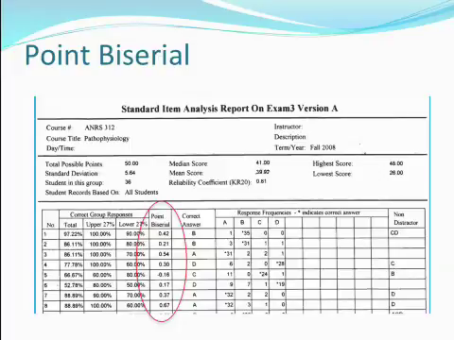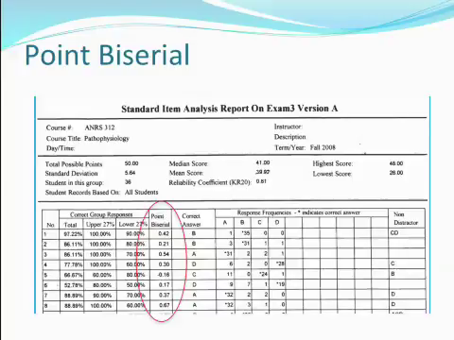So questions that discriminate well will have point biserial correlations that are highly positive for the correct answer and negative for the distractors. So the higher the point biserial here, the better the examination item is at discriminating among students on the basis of how well they really knew the material.